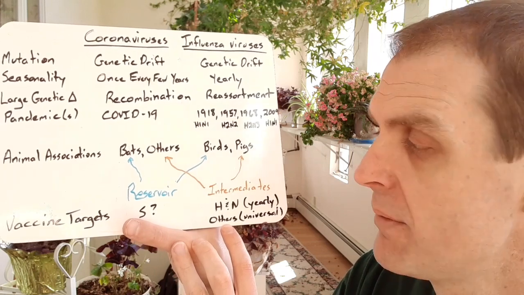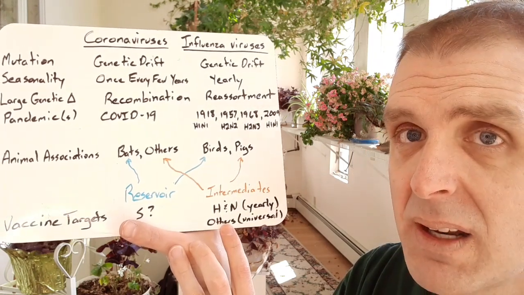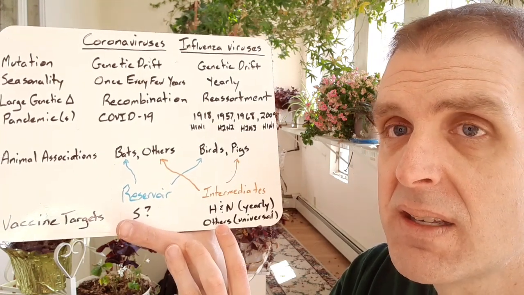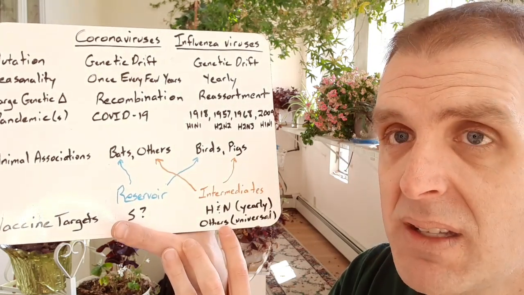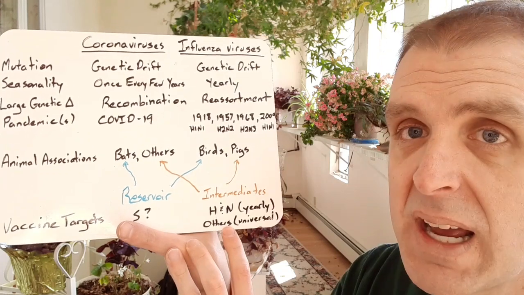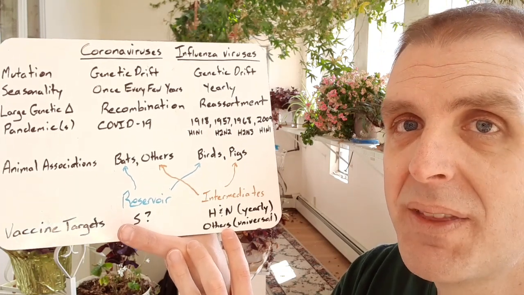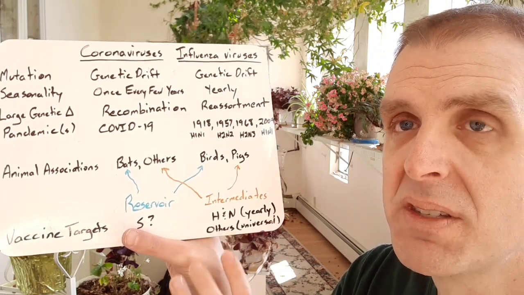If we have antibodies or CD8 T cells that can recognize those sorts of proteins, they might be able to take care of more than just the current season's influenza.